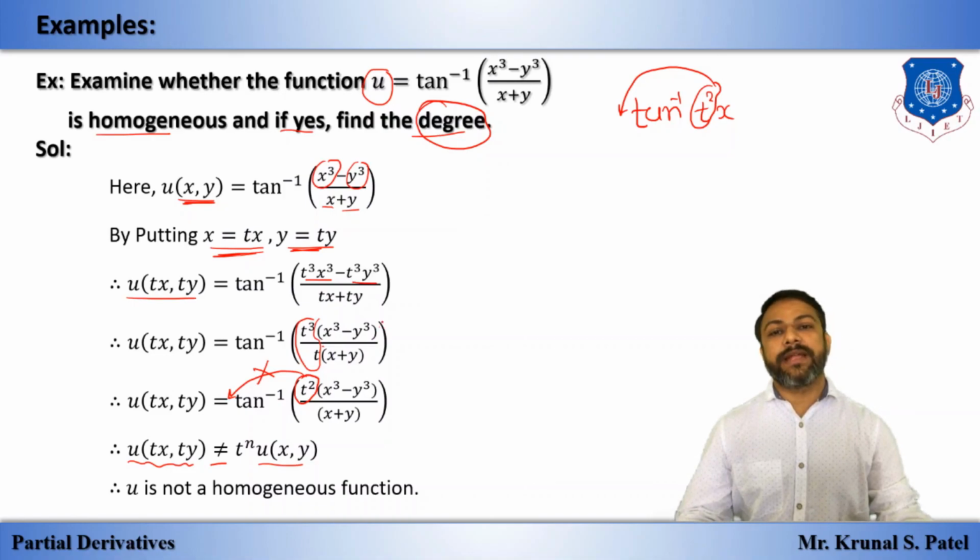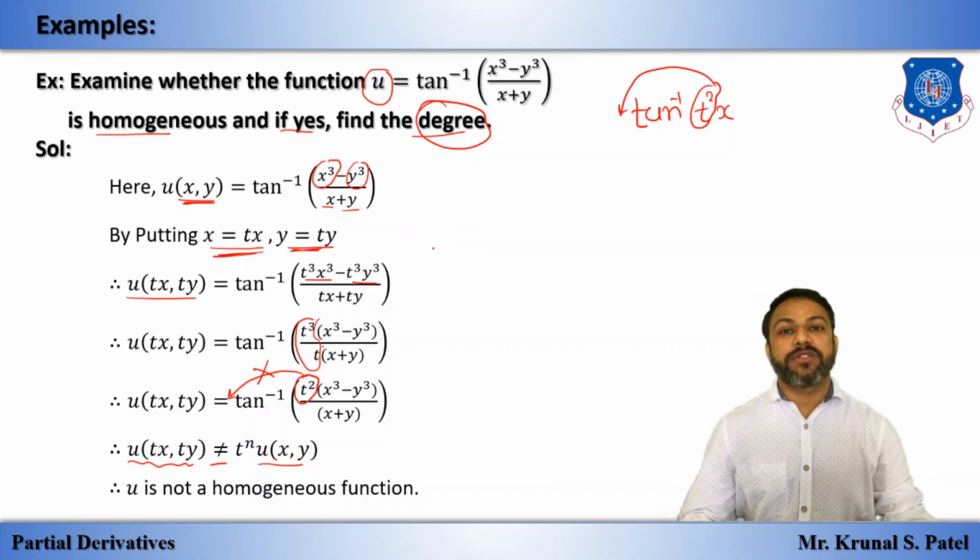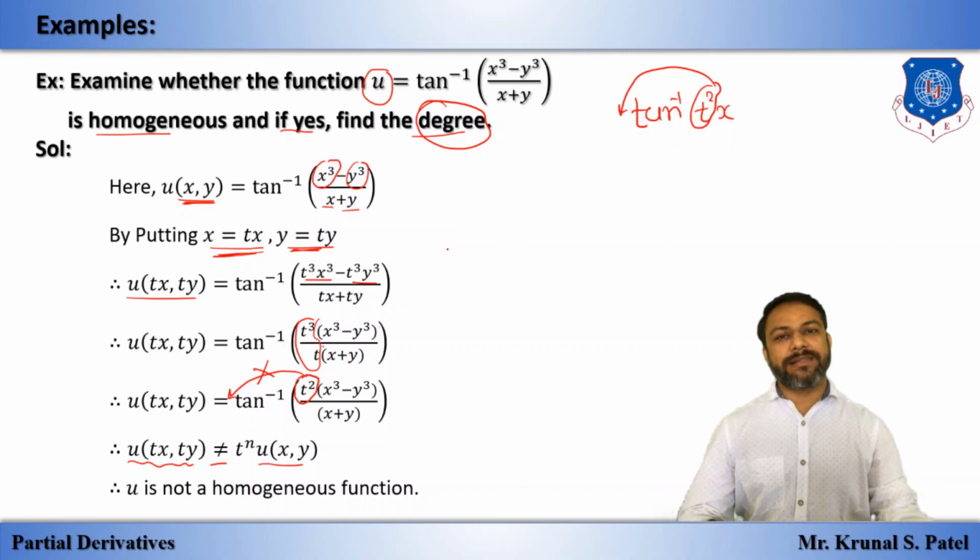By this concept you can do more and more examples. In this lecture I'm not giving you a practice example because this is so easy, and we will use this concept in the next lecture. So you will get many examples there on how to check homogeneous functions, and then we will apply one theorem, and the theorem is called Euler's theorem.